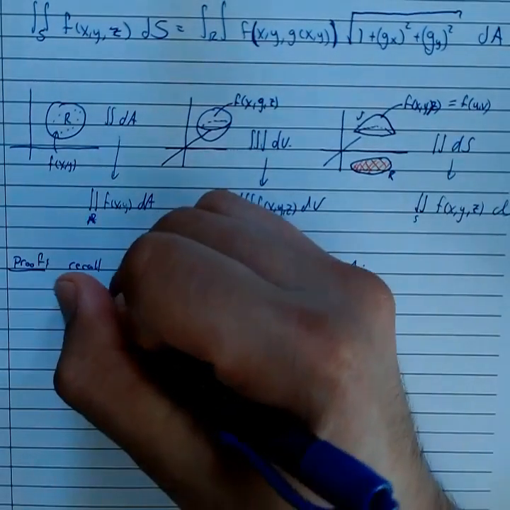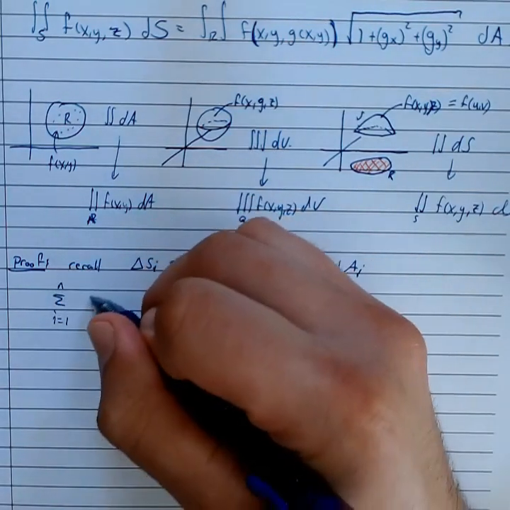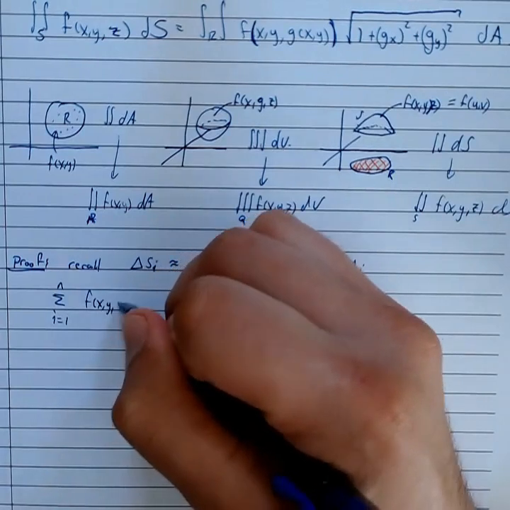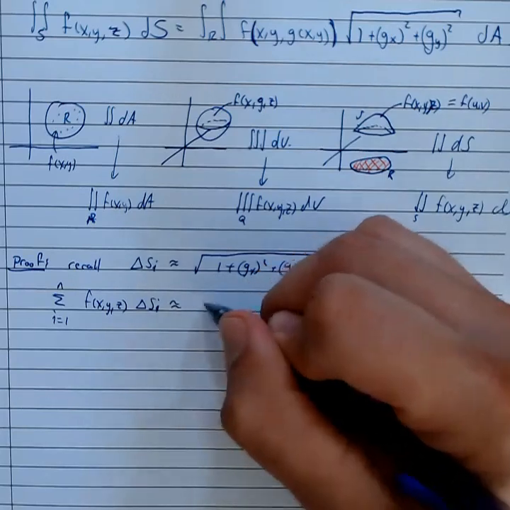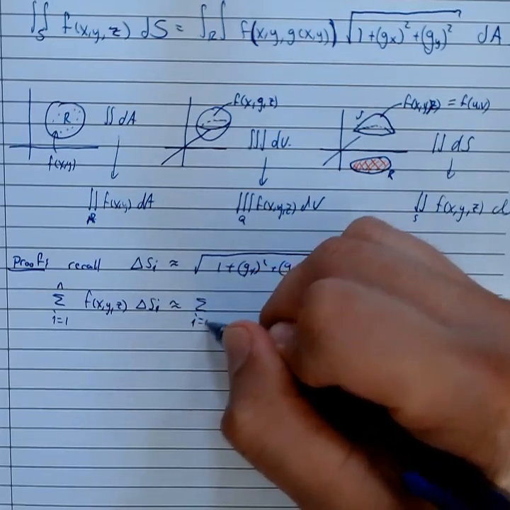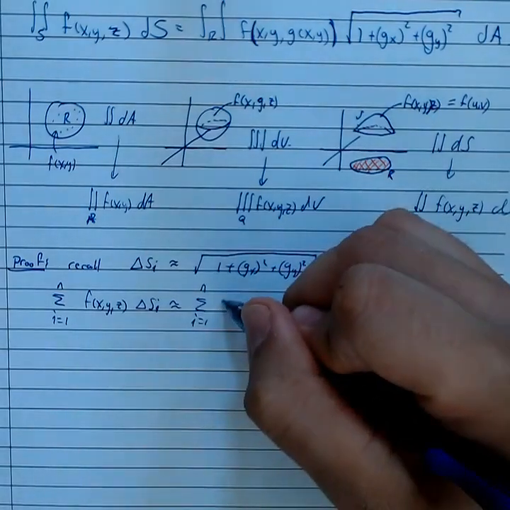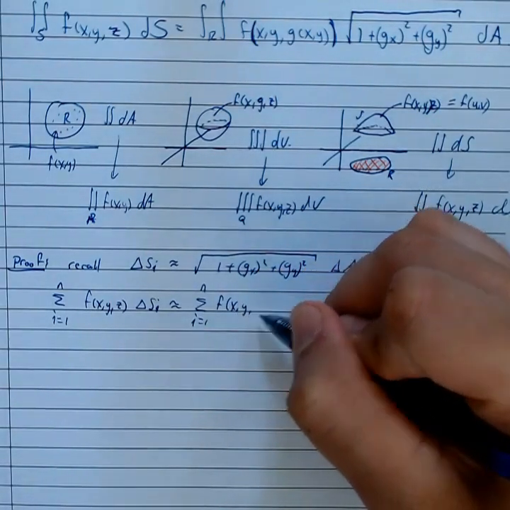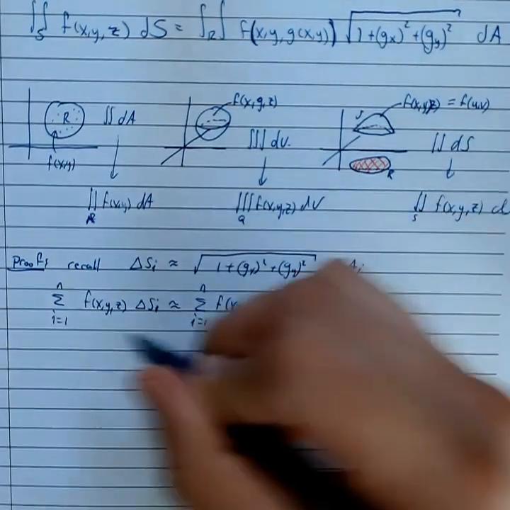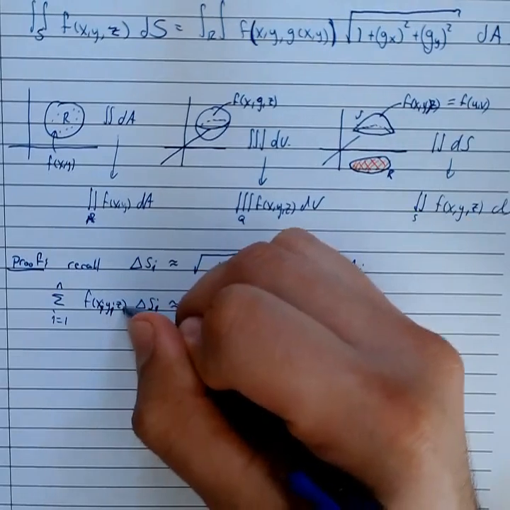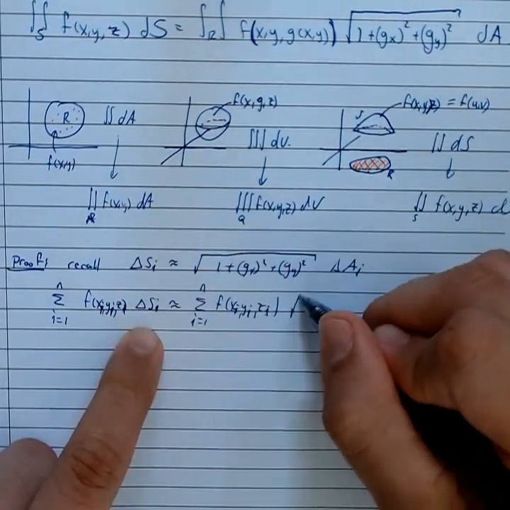So if you wanted to take the sum as I goes from 1 to n of F of X comma Y comma Z delta S sub I, that would be approximately the same as the sum as I goes from 1 to n of F of X comma Y comma Z, and I should say xi, yi, and zi, since there are different ones, times, well, this is approximately the same as this one.